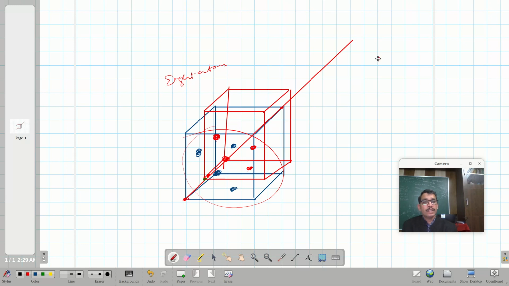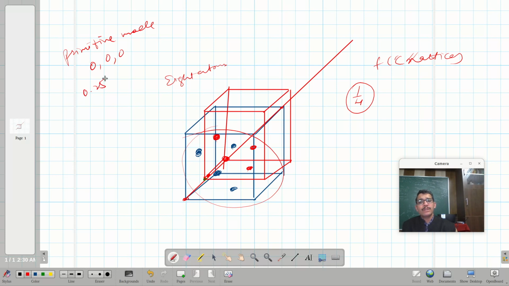But here there are 2 FCC lattices, and they are merged along the body diagonal up to 1/4. So in the primitive mode, one atom is at 0, 0, 0, and another atom is at 0.25, 0.25, 0.25. This is one way to look at it.